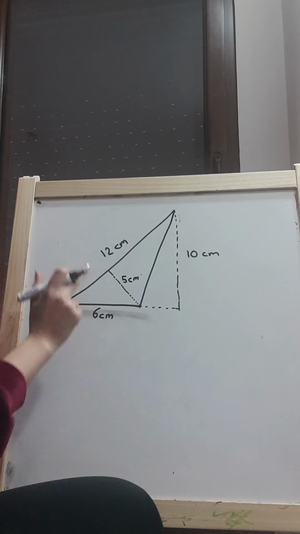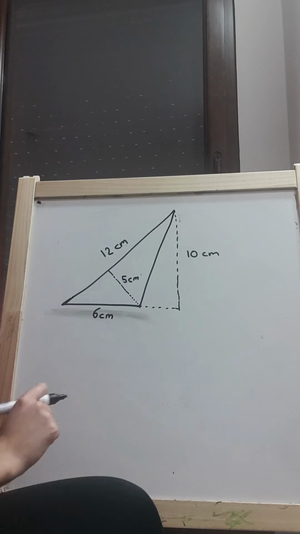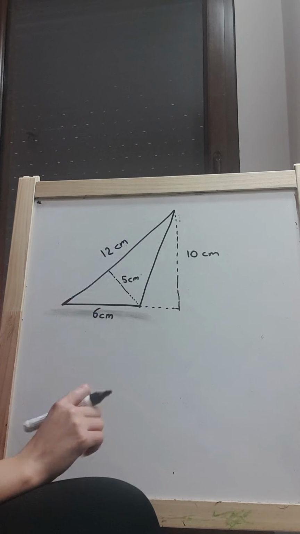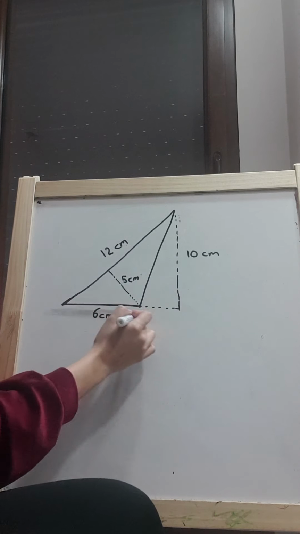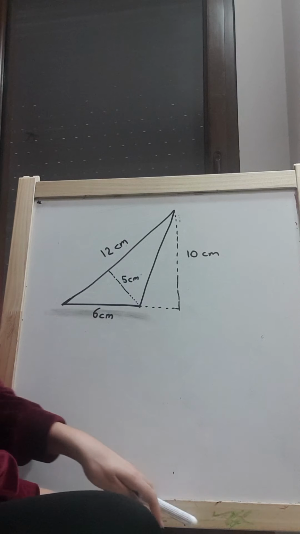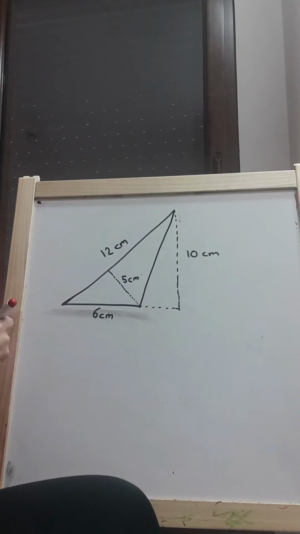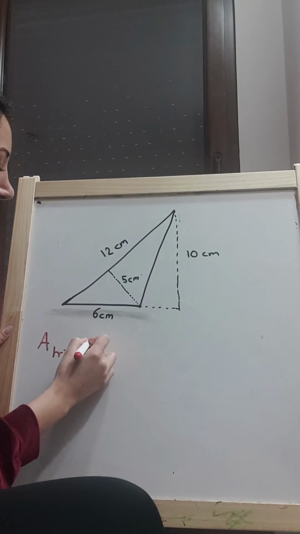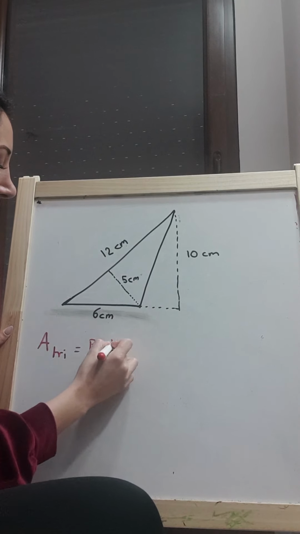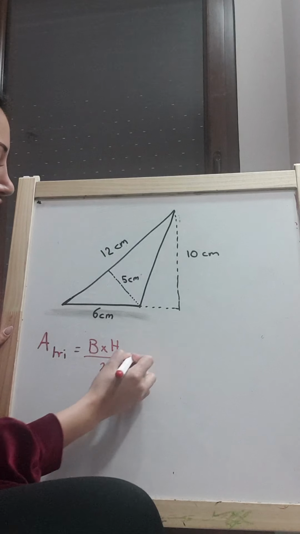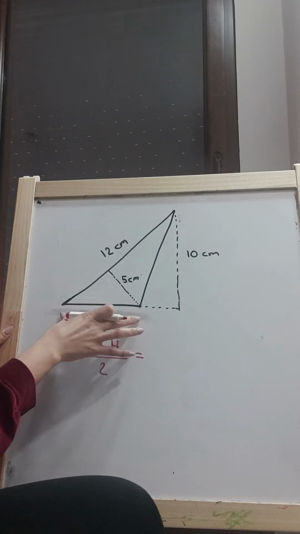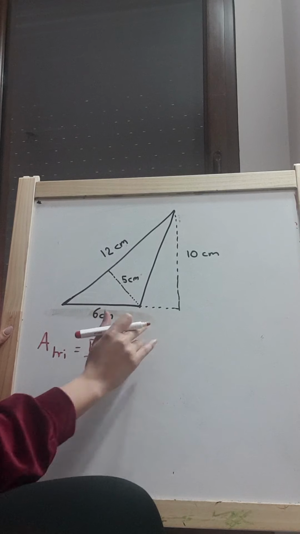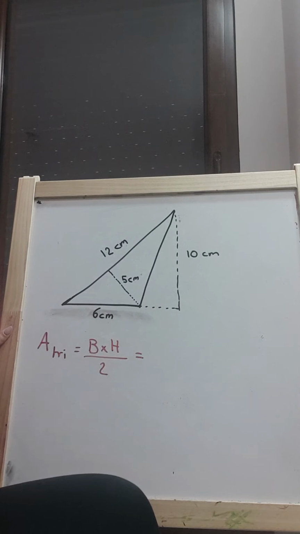I gave you the size of 2 sides and 2 heights. Let's say some of you choose this to be the base, which is the 6 centimeters. First of all, I write area of triangle is base times height divided by 2. So if you choose this to be the base, the 6 centimeters, you should multiply it by its corresponding height.